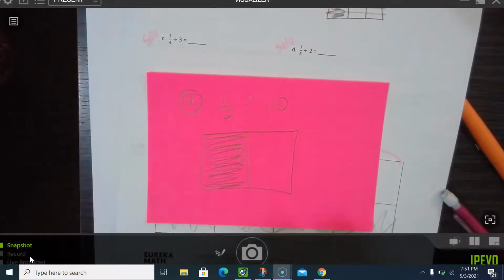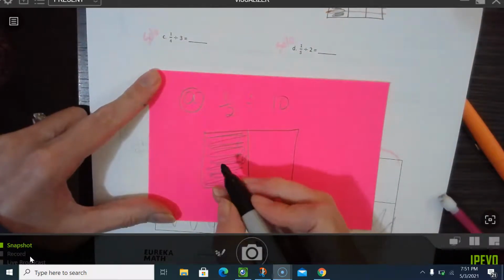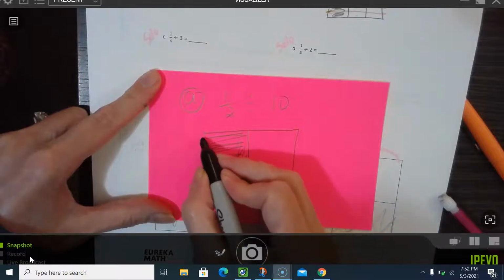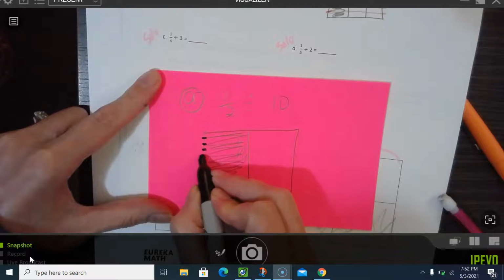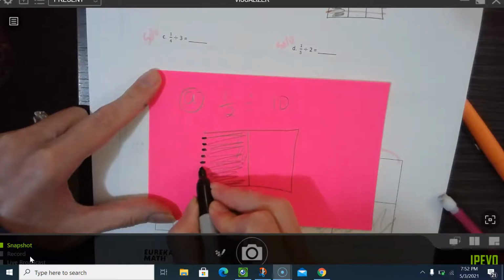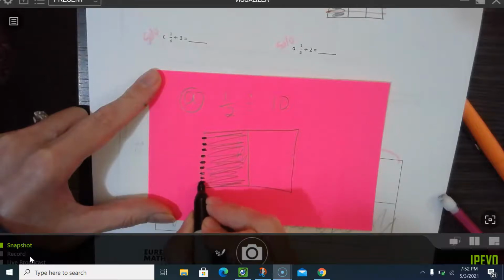Now off to the side here, we need to make tenths. I'm going to make 9 kind of evenly spaced marks over here. 1, 2, 3, these are going to be little, 4, 5, 6, 7, 8, and 9.